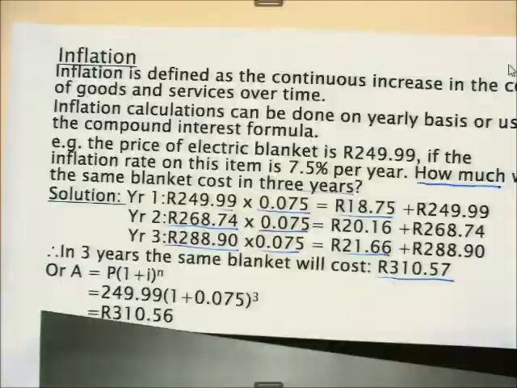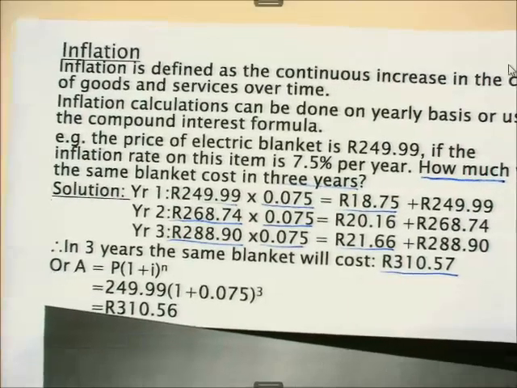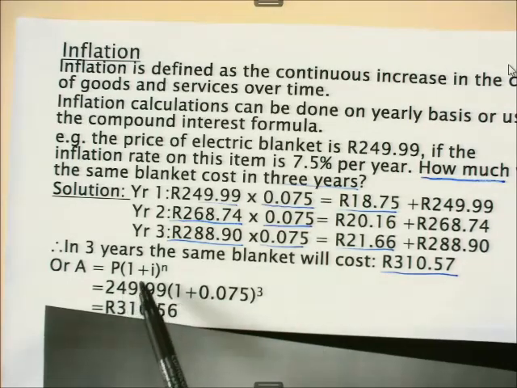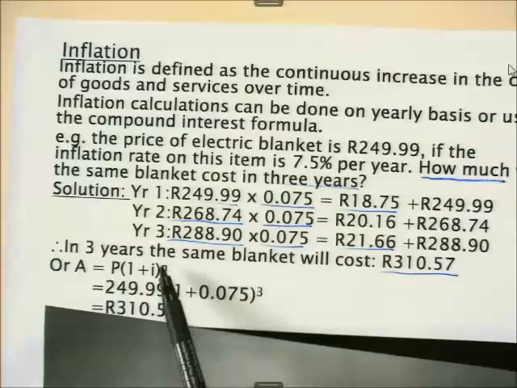Now, if you want to use the compound interest formula, which I believe is just very easy and straightforward, the formula says the amount will be equal to P. You know what P is? P is the principal amount, or you can say it's the original amount or the initial amount. Then you need to put this bracket: 1 plus the interest rate, to the power of N. What is N?